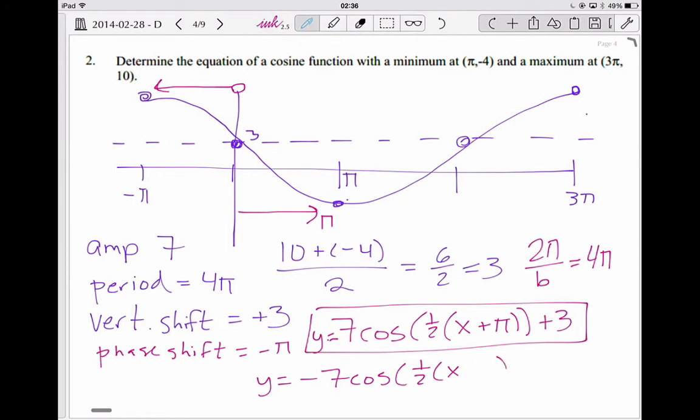Whoops, my phase shift is different. My vertical shift is still the same. Okay, in order to scoot to the right pi, I must have minus pi. And if you graph these 2 equations on your graphing calculator, making sure that you're in radian mode, because we're using radians to describe our angles, you will get the exact same line.